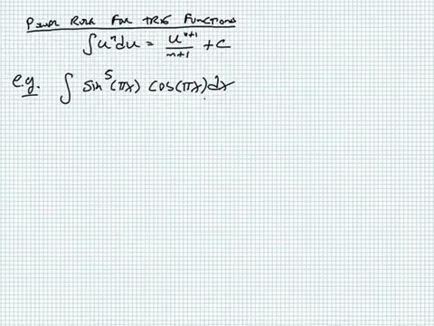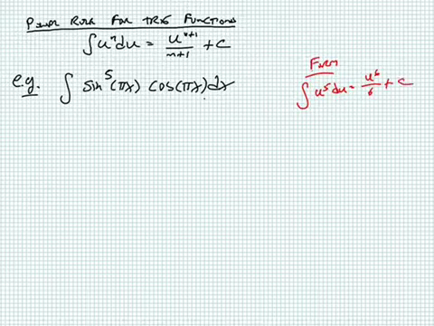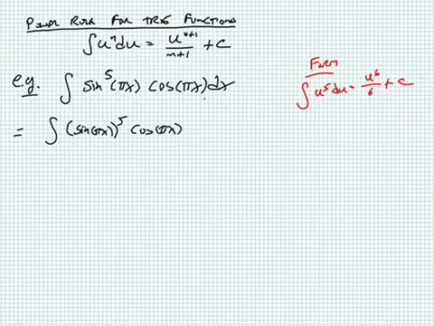Because the form that we're looking for here is going to be the antiderivative of u to the 5th du, which we know is u to the 6 over 6 plus c. That's the dominant form in this equation. So to get there, I'm going to rewrite this. So I've got the antiderivative of the quantity sine of pi x to the 5th power times cosine of pi x dx.